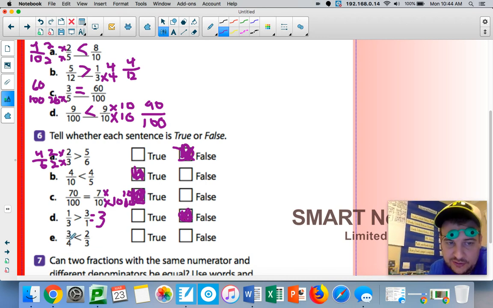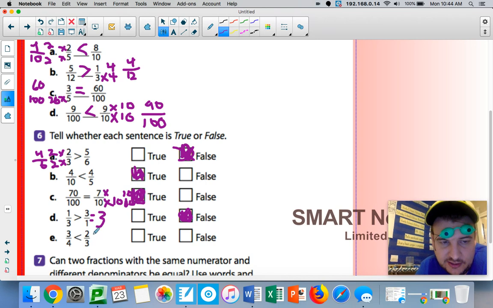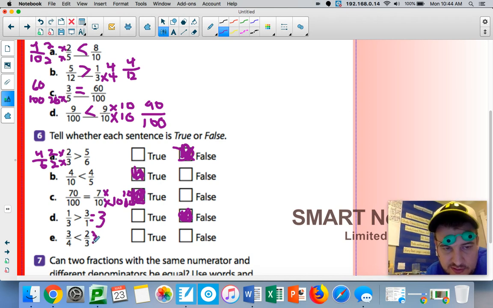All right, so we got 3/4 and 2/3. So this one's the trickiest one. We need to find a common denominator or a common numerator. I'm going to do a common numerator this time. So I got to multiply this times 3 and this times 3, which would give me 6/9.